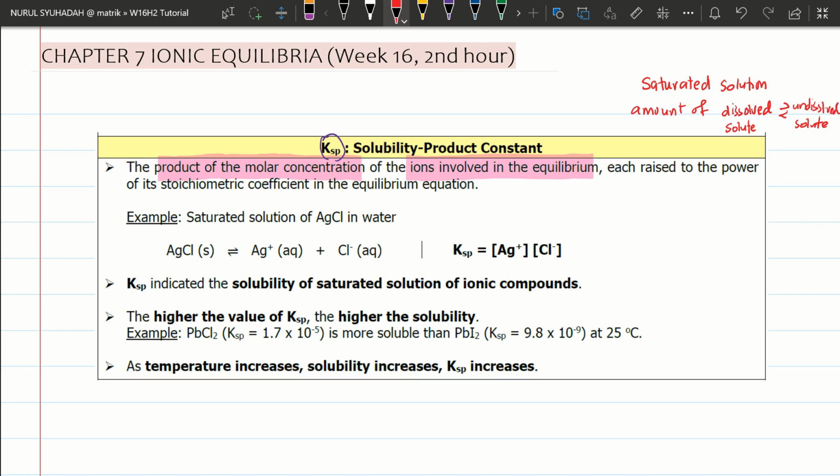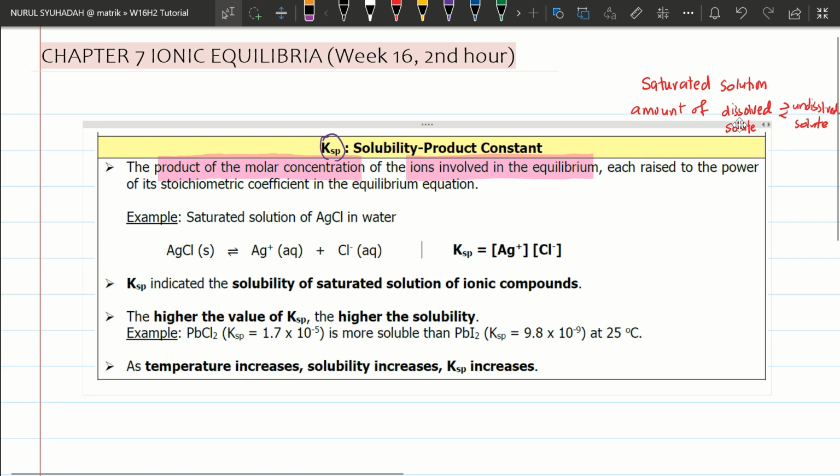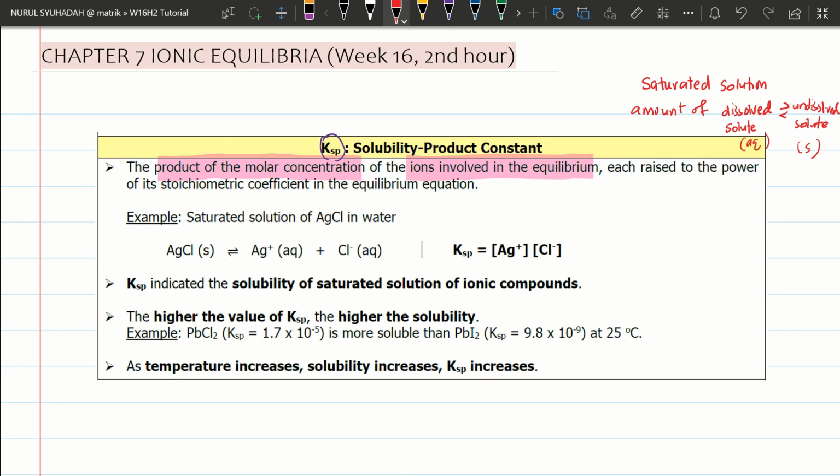Okay, so ini awak punya saturated solution tadi. So, dalam equation kita nanti kita akan nampak akan ada dissolved solute, akan ada undissolved solute. So, undissolved solute will be solid. The dissolved solute will be aqueous. So, dua ni je yang akan muncul dalam equation untuk solubility awak.